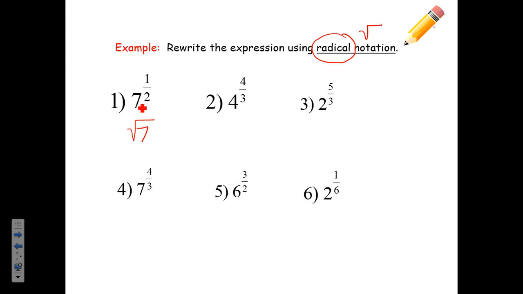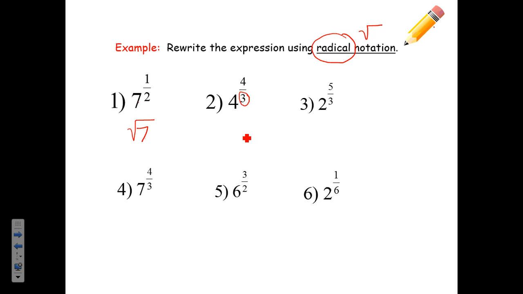It's my base. In my exponent, my base becomes my radicand. Now I could write a 2 here, but I don't have to with square roots. Okay, this says 4 to the 4/3 power. Remember, the number in the bottom represents the index or the root.